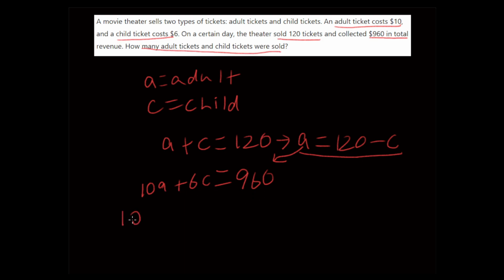If we plug in 120 minus C as A, we get 10 times (120 minus C) plus 6C equals 960.